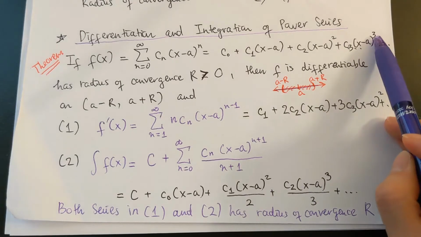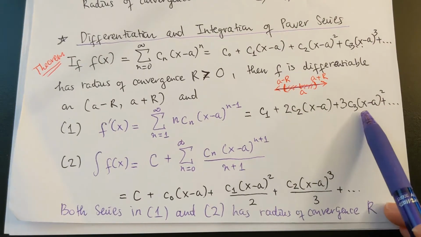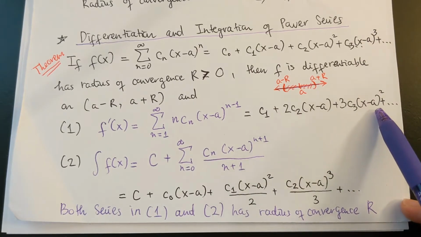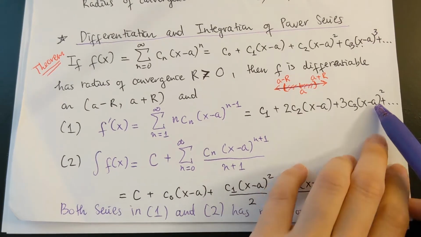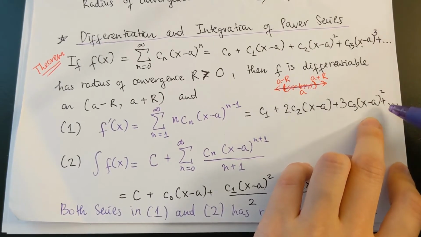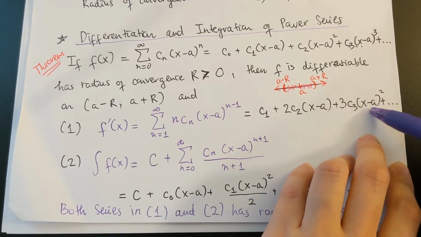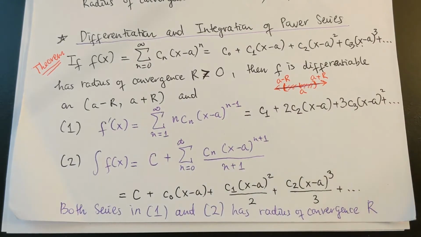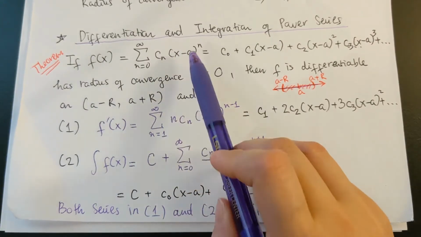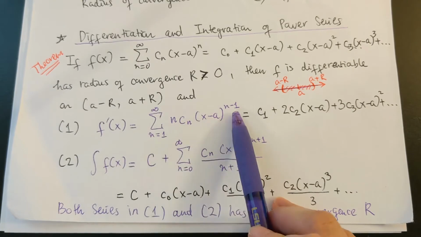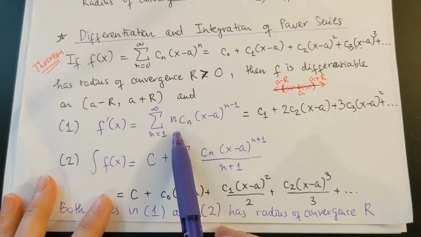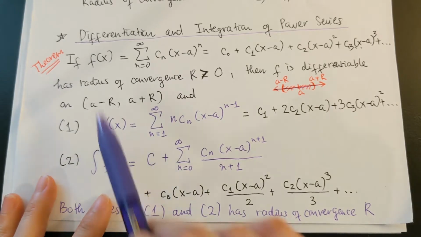So bring the power 3 down, I have 3c3, then subtract 1 from the power, so I have x minus a to the second. Then the chain rule tells me to take the derivative of x minus a, which is 1. So overall I have this expression. In general, for an nth term, you bring the power down, then subtract 1 from the power. So this is the power series representation for the derivative function of f.